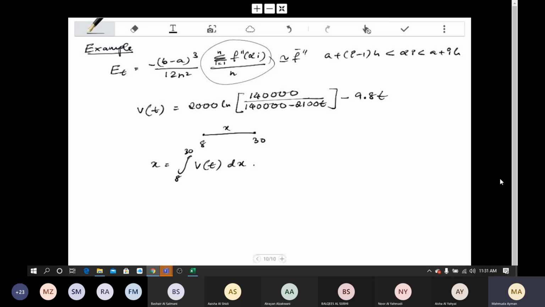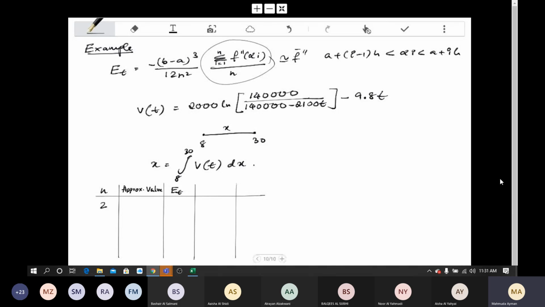So let me draw a table. We have here n, which is the number of segments, then the approximated values of the function, and then the true error, and I'll write them later on.